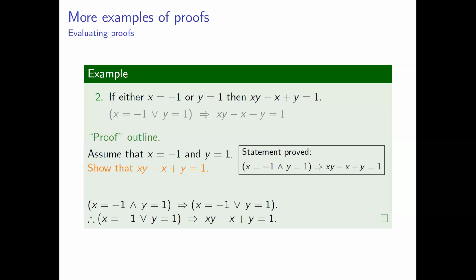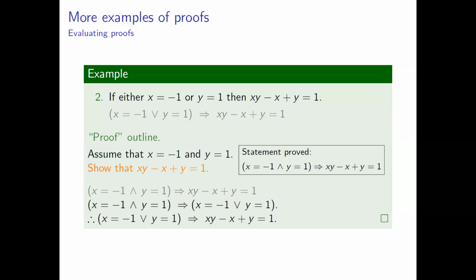Thus, the argument in the second paragraph has the premise: if both x equals minus 1 and y equals 1, then xy minus x plus y equals 1. And if both x equals minus 1 and y equals 1, then either x equals minus 1 or y equals 1.